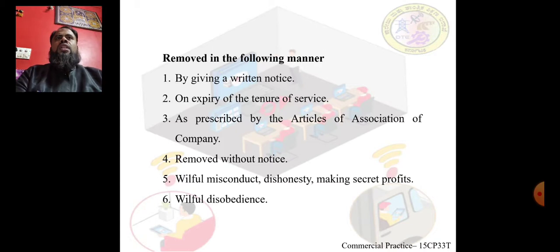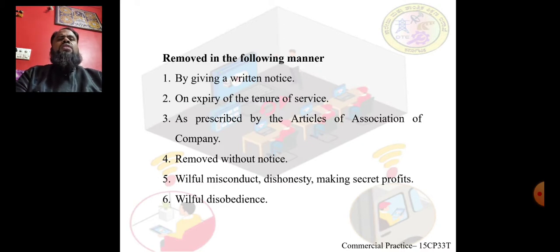Now the situations are: willful misconduct, if he behaves dishonestly, making secret profits, willful disobedience to the order of the manager, negligence of the duty, insanity, permanent disability or incompetence, insolvency or bankruptcy of a company secretary, and during the winding up of the company.